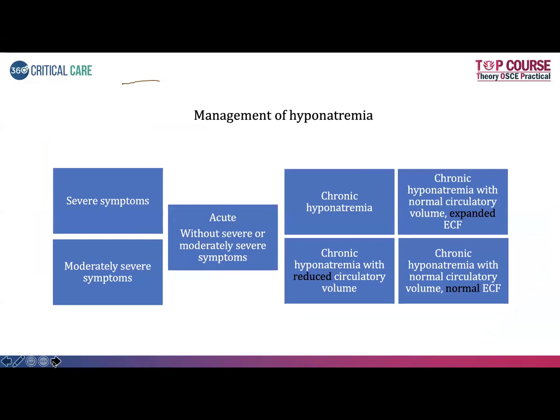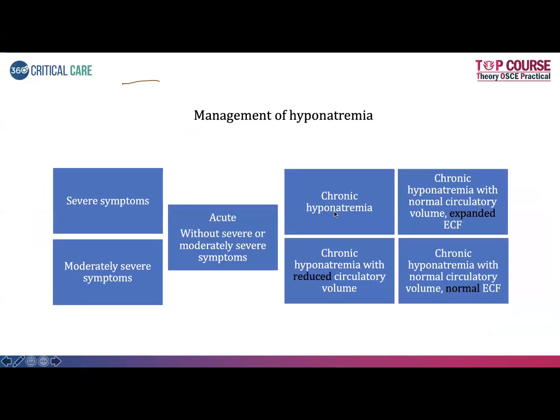So management of hyponatremia, you'll have to treat based on the symptoms. If the patient has severe symptoms or moderately severe symptoms, what do you have to do? Then, without moderate or severe symptoms, in chronic hyponatremia, how can you treat?